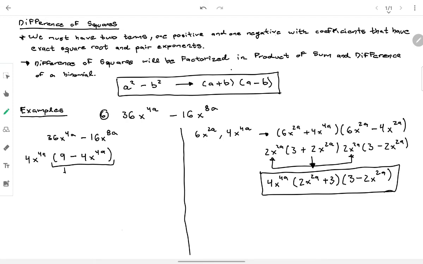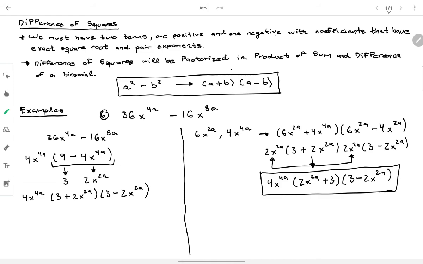In this case, because the first one has an exact square root, that is 3, the second one also has an exact square root, that is going to be 2x to the 2a. So now I can put it like 4x to the 4a, that multiplies 3 plus 2x to the 2a multiplied by 3 minus 2x to the 2a.